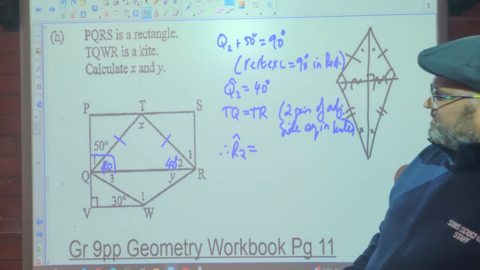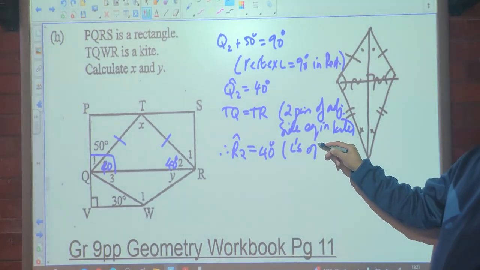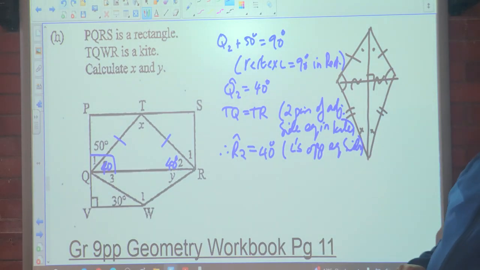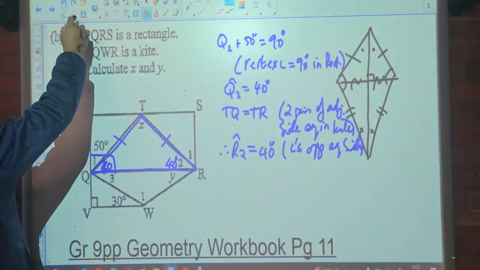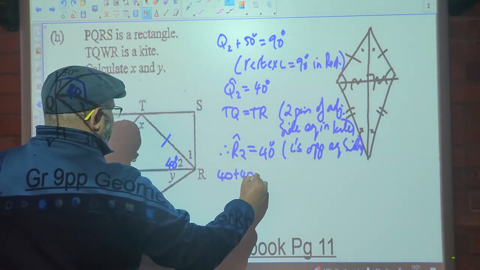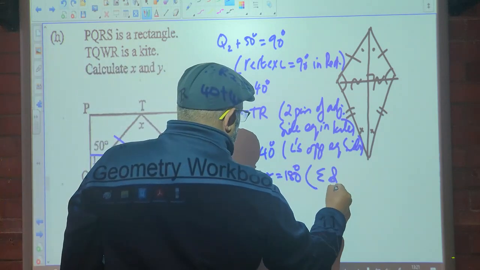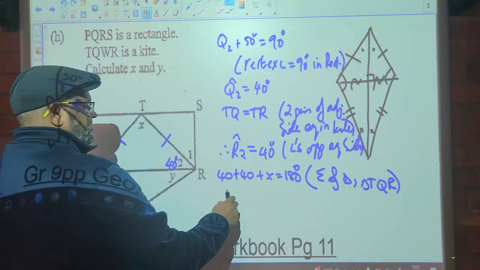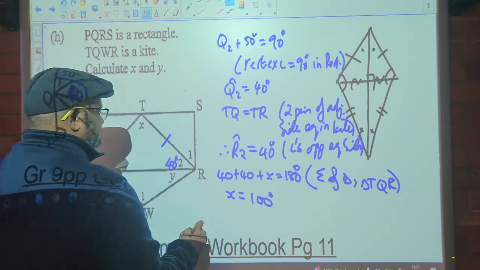Can you see that? Why is R2 40 degrees? Angles opposite equal sides. Now I can go with sum in triangles. So I say 40 degrees plus 40 degrees plus x is equal to 180. Sum of triangles, and it's triangle TQR. So x is equal to 180 minus 80, which is 100 degrees.